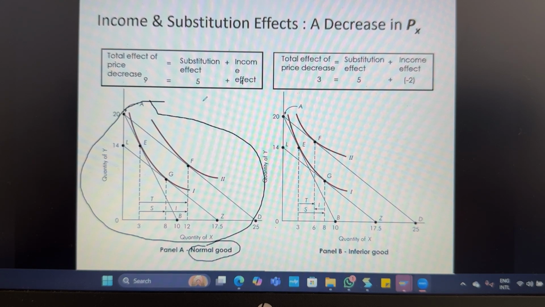And now come to this one, the inferior good case. So how can you initially define an inferior good? What do you mean by an inferior good?